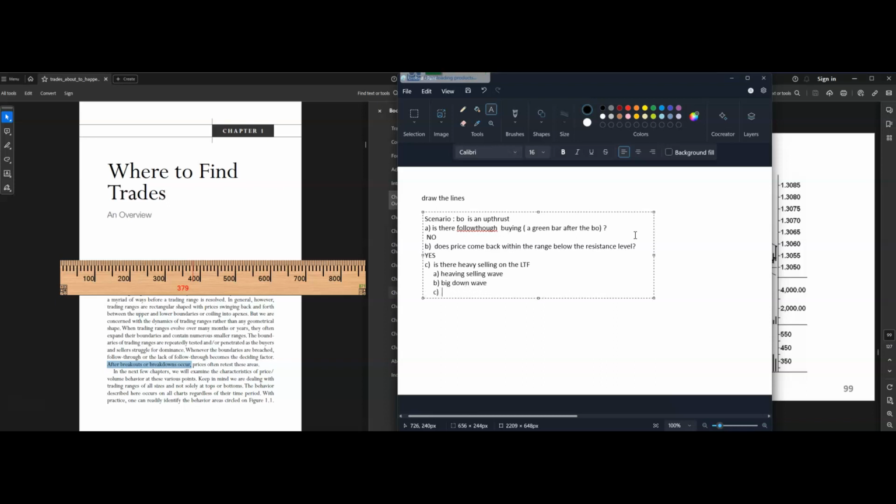C, lasting down wave, meaning it lasts, say, 30 minutes, 40 minutes, etc. in an intraday context. Is there heavy selling? These are the criteria. If the answer is yes, then conclusion: the breakout is an upthrust.